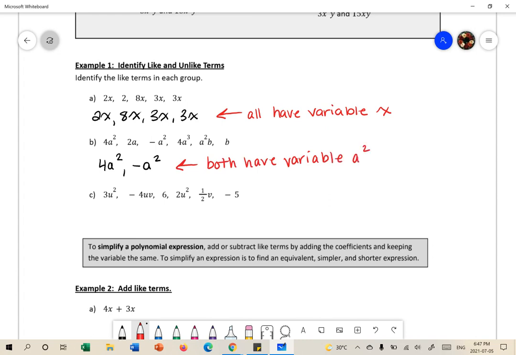And finally, 3u squared and 2u squared are like. They both have variable u squared, as well as 6 and negative 5 are like because they're both constants.